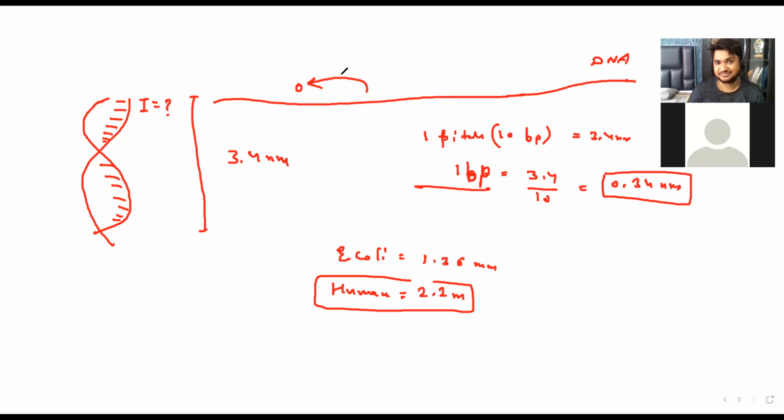We multiplied by that distance and the distance comes to 2.2 meter. So how can it fit into a very, very small size cell? No, one cell contains that length, not so many cells.